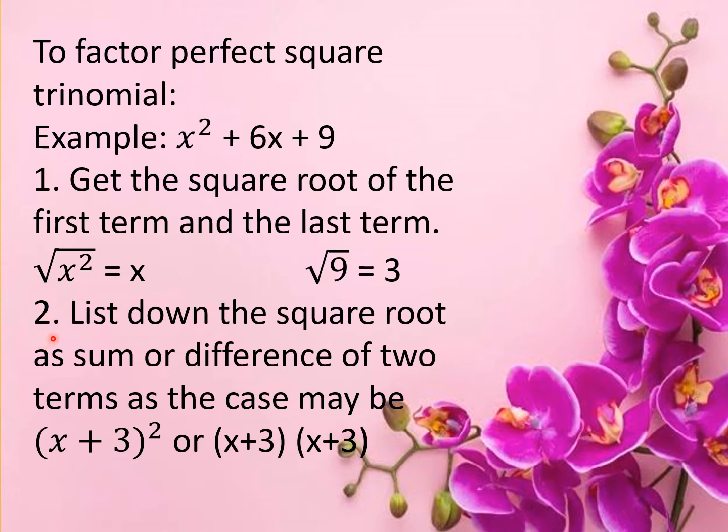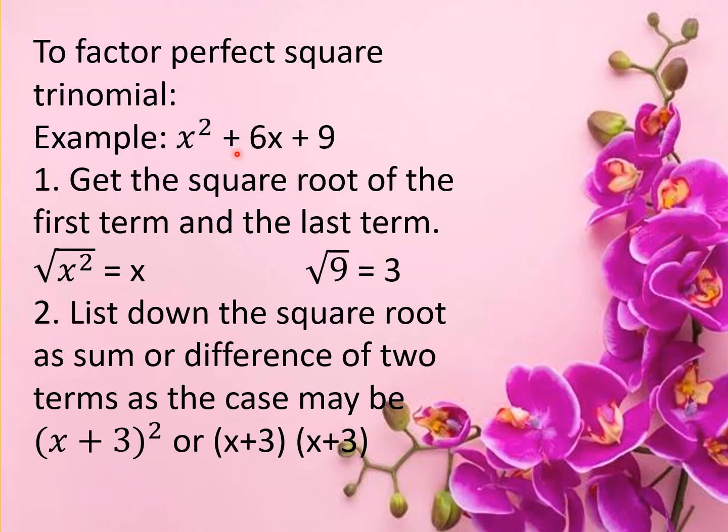Step 2: list down the square root as sum or difference of two terms as the case may be. So, as the case may be, depende sa case. So, unsa man nga case? We are going to look for the sign of the middle term.